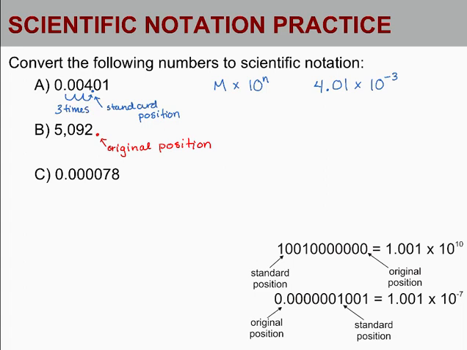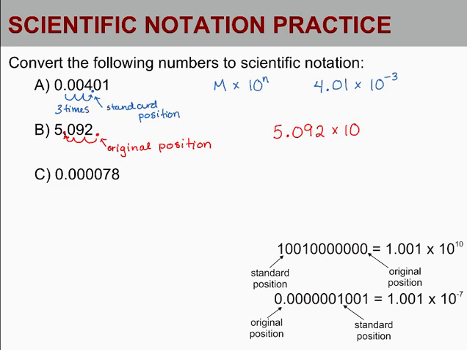And again, we want to determine our coefficient, and it has to be between 1 and 10. So we're going to move that decimal over 1, 2, 3 times so that it's after the 5. So our coefficient is 5.092, and now we need to figure out our power of 10.